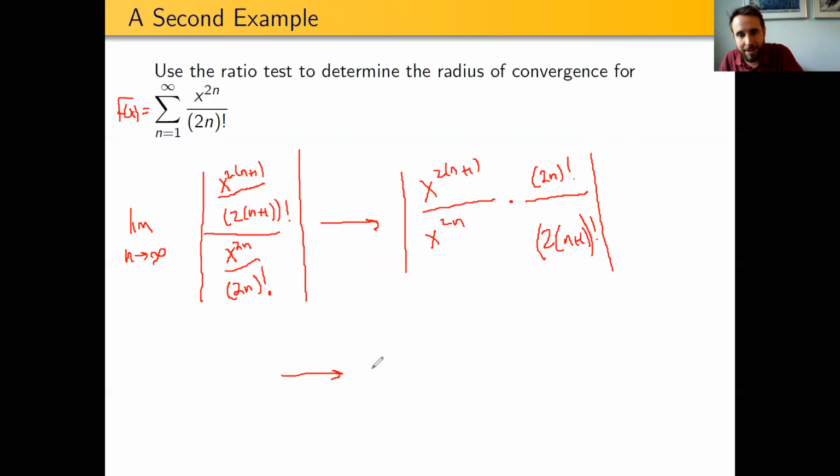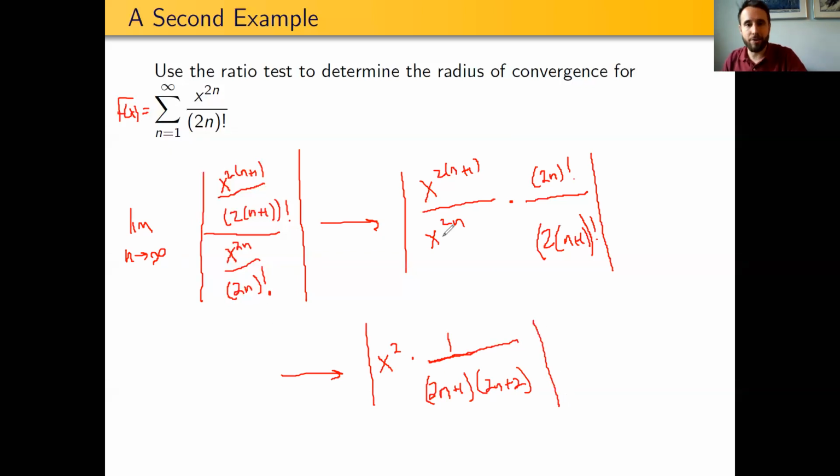We do that, we're going to get x to the 2n plus 2 divided by x to the 2n, we're going to get an x squared times, and here we're going to get 1 over 2n plus 1 times 2n plus 2, right? Because the lower terms in the factorial will cancel each other out. And so this, right, is going to be the object that we take a limit of as n goes to infinity.